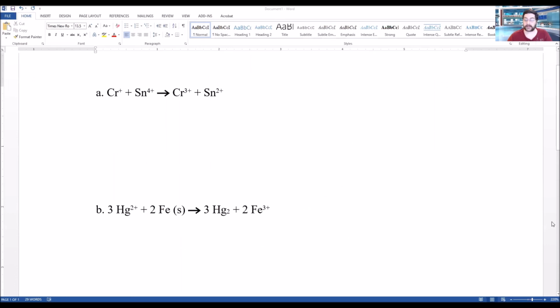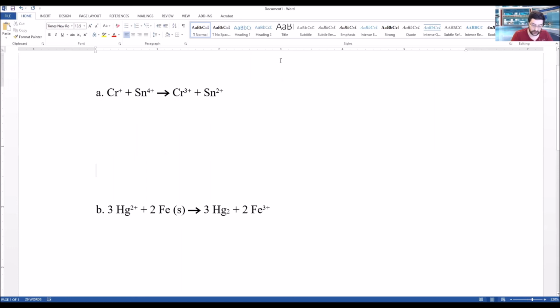All right, so I'd like to do a few more examples of redox reactions with you just to make sure that you absolutely know what's going on. So in this problem, letter A, we have chromium with a +1 charge on the left-hand side of the reaction arrow. And then on the right-hand side of the reaction arrow, you can see that it has a +3 charge.